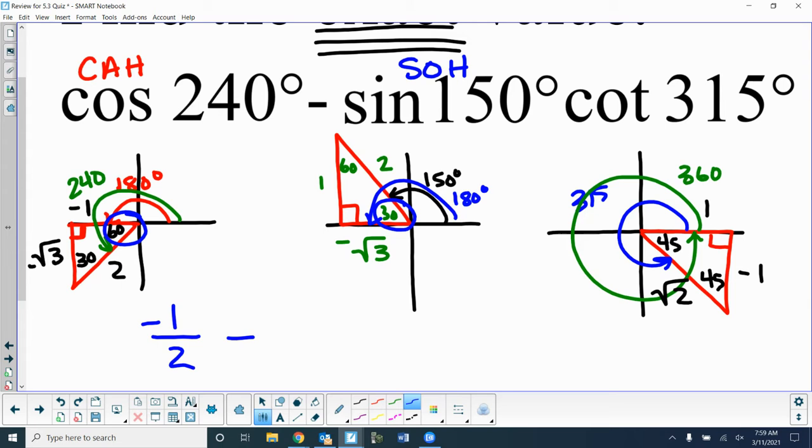Negative square root of 3. Opposite, straight across. 1. Hypotenuse, 2. If there's no symbol between these two things, what does that mean I'm supposed to do with these two things? Yeah, this is multiplication, right?